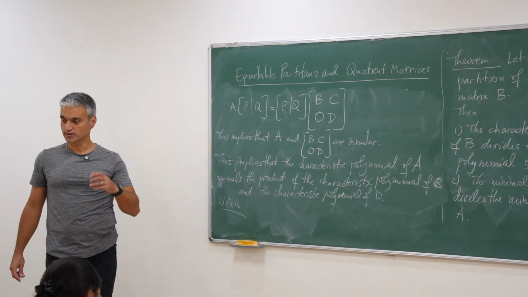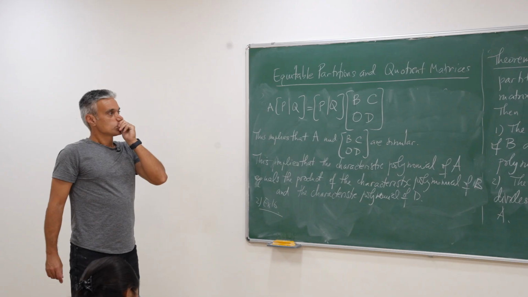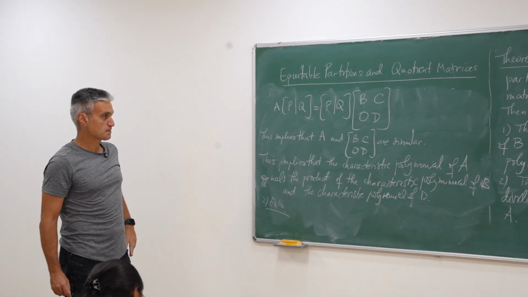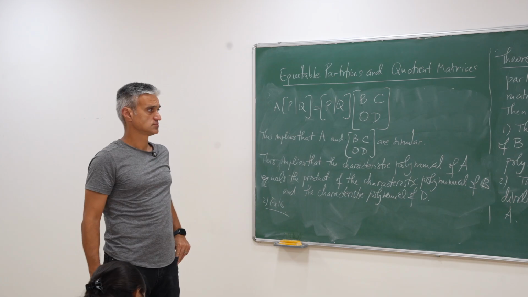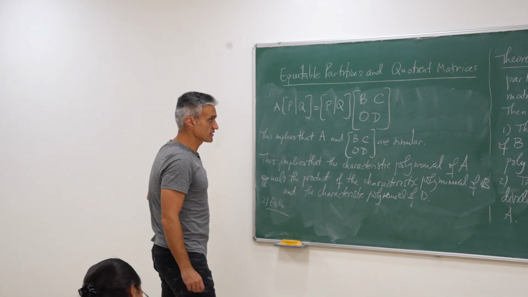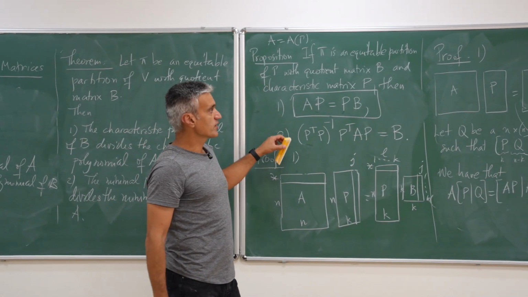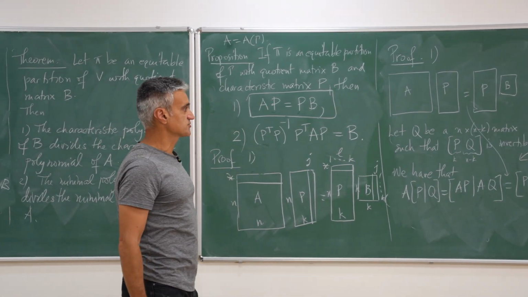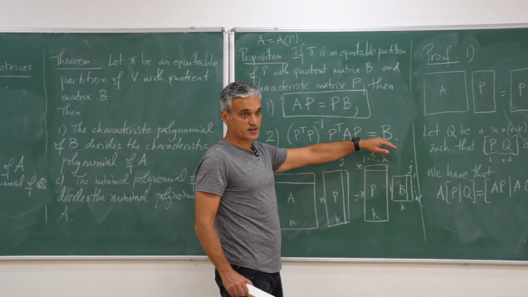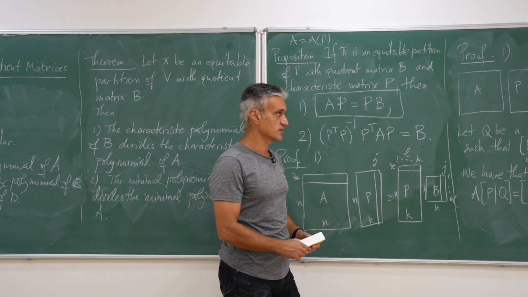The minimal polynomial. Maybe also another exercise from here. Without doing all this, from what we showed here, B will have real eigenvalues because its characteristic polynomial divides something that has only real eigenvalues.